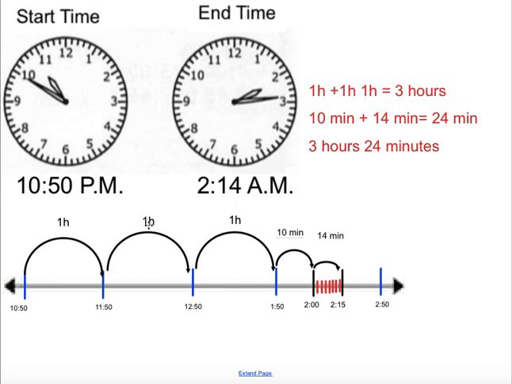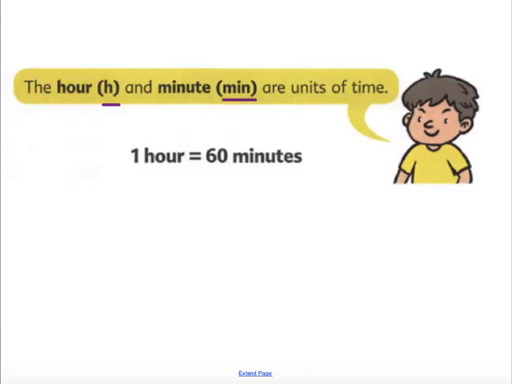I have 1, 2, 3 hours. 10 plus 14 is 24 minutes. So the time that's passed is 3 hours, 24 minutes. Okay, good job. This is a little hard, so the timeline is what makes it a little bit easier with these friendly jumps.